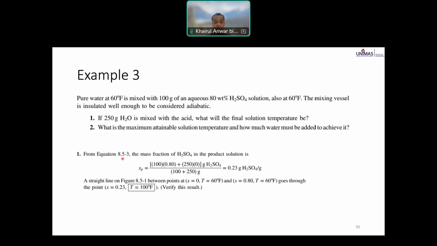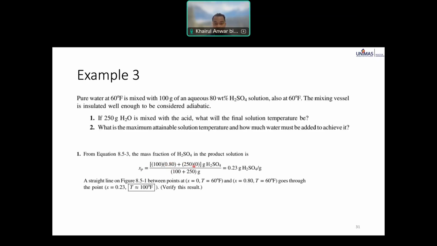So from solving question 8.5-3, the mass fraction of H2SO4 in the product solution is... Since this is adiabatic mixing, you can use equation 8.5-3: M1 xA1, mass fraction of... okay, A1 here refers to H2SO4.